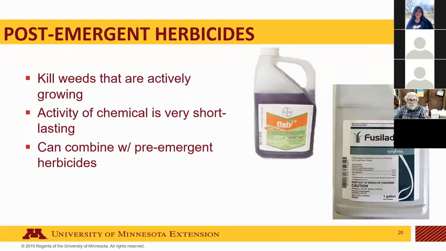The activity of those chemicals, though, is very short lasting. So it typically will just kill the weeds that are growing, and then that chemical will no longer be active after that. You can often combine a post-emergent herbicide in the tank with a pre-emergent herbicide, so you can be killing existing weeds while preventing new ones.